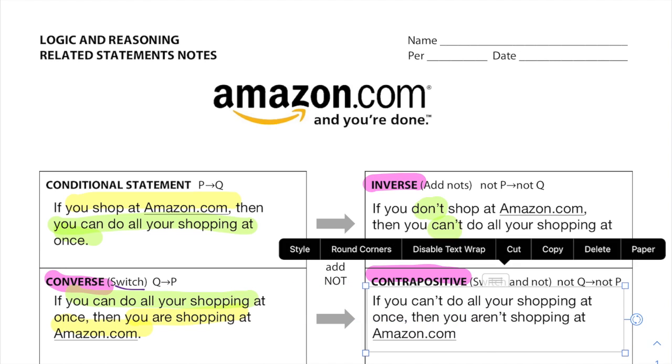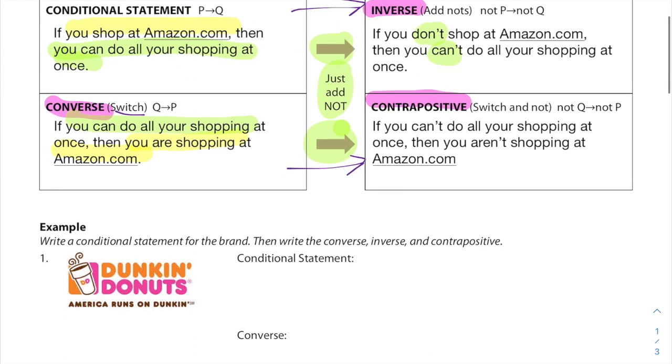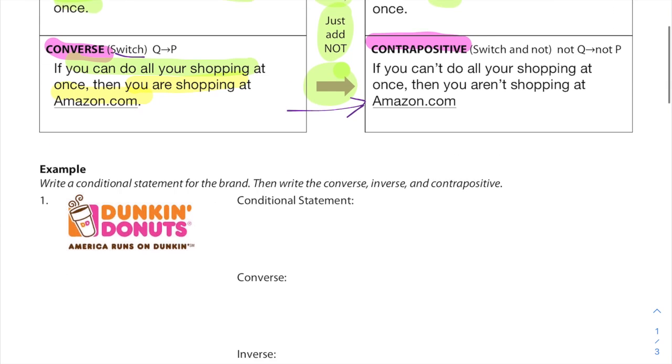Basically, what I'm doing is taking this converse right here and adding nots to it. To find the inverse, I'm adding nots to the conditional. And then to find the contrapositive, I'm adding nots to the converse, because the converse is already switching it. I have to switch it and add nots. So I look at the converse and just add the nots to the converse. Okay? So that's contrapositive.